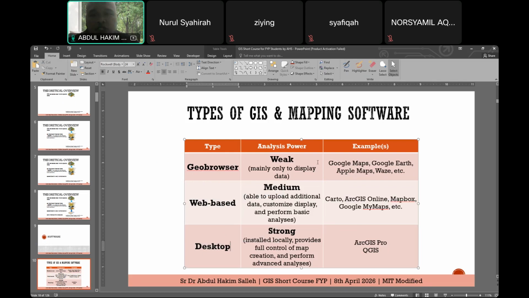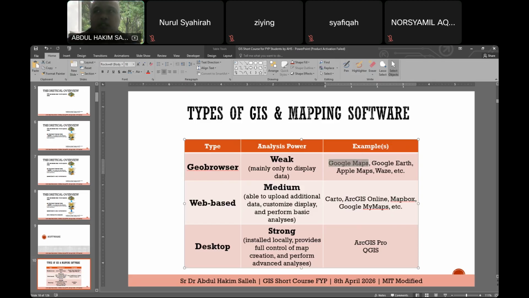The geo browser gives you quick information, but you cannot really do analysis. Like Google Maps, if you want to look for your friends' houses, your new girlfriends, your new boyfriends, for example, you insert the address and it will display it for you. It literally doesn't do any analysis.